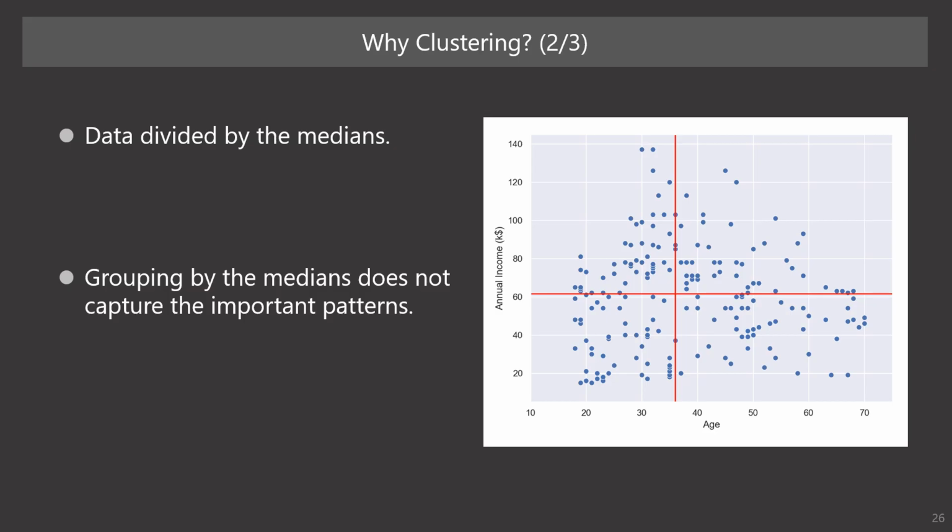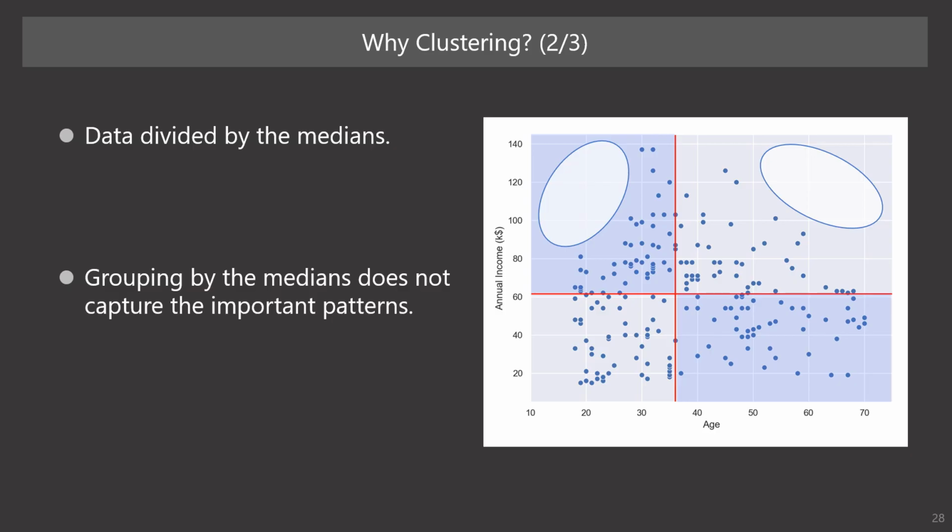Here is a scatter plot that plots customers by age and income. And the scatter plot is divided by the medians, depicted as red lines. So we have four groups depicted as these cells. Since this grouping is based on high or low, the most representative observations for each group are located at the corner of each cell.